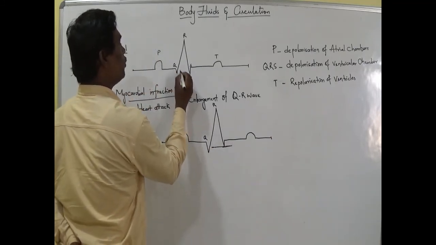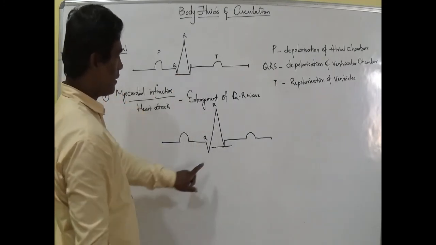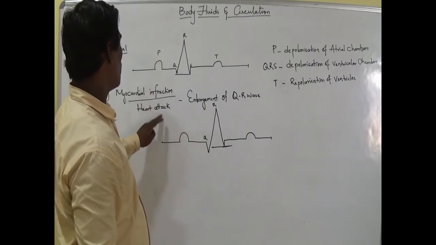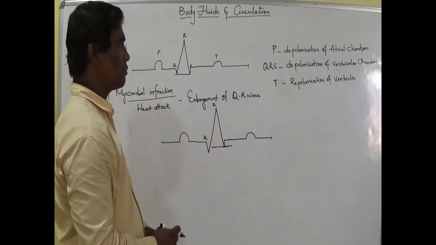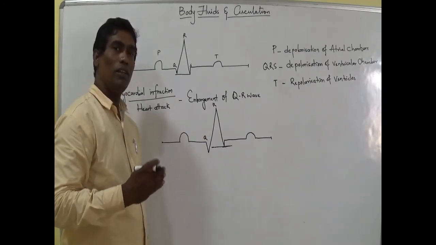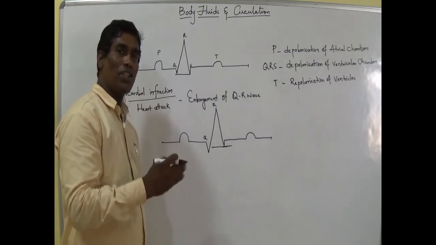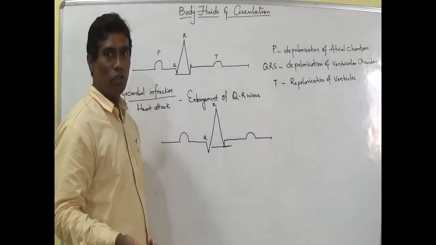Normally both Q and R waves will be in the same line, but in a case of myocardial infarction, a heart attack, we can see an enlargement of the QR wave. That means it takes a longer period of time for passing the action potential to the ventricles by the AV node.